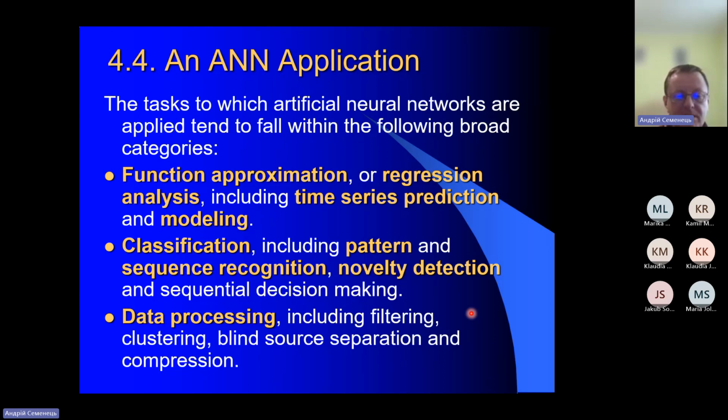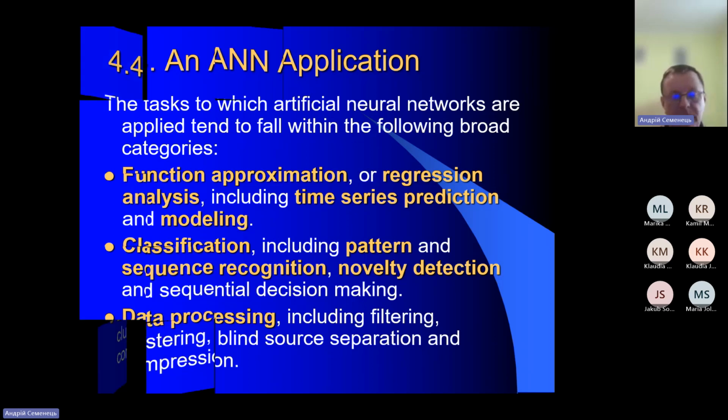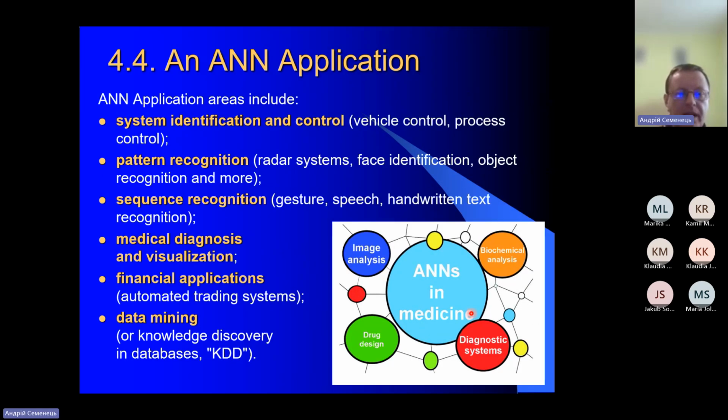Other tasks: classification, pattern and sequence recognition, novelty detection, and data processing, filtering, clustering, also separation and regression. And of course, useful areas of application include system identification and control, up to automatic vehicle control. And it's quite successful right now because we have more and more self-controlled vehicles on our roads.